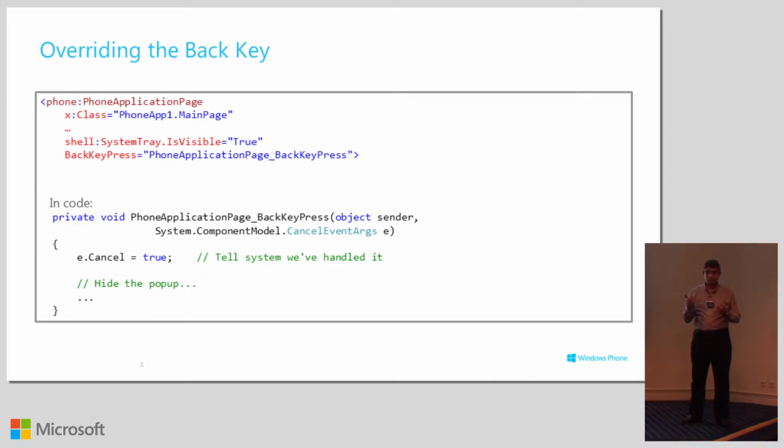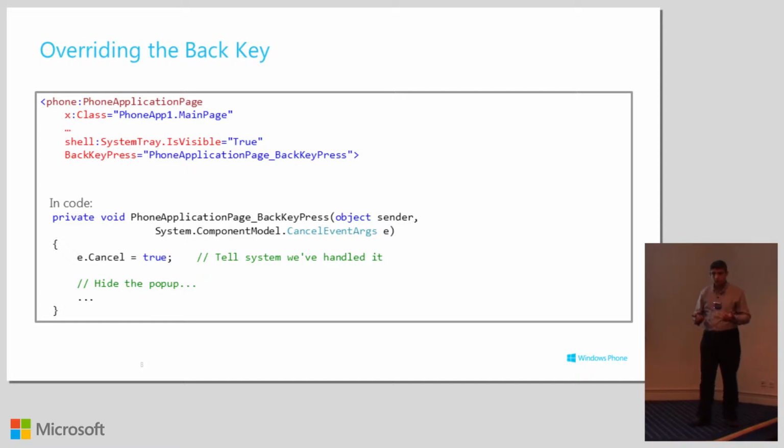Following me? Or have I lost you? So you have a page, and in the page you created like a pop-up or a panel which is overlapping your page, and the user presses the back button on the phone. The expected behavior would be that the panel goes out, but the panel is not a page, it's a control on the page. So the default behavior of the back button would be close this page, take me to the previous page.